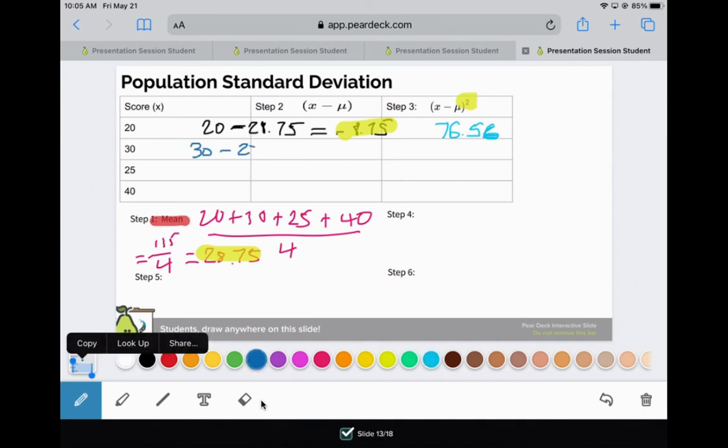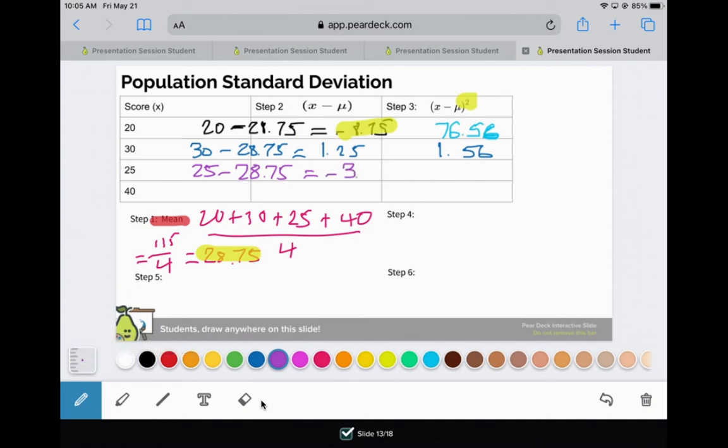30 minus 28.75, that gives you 1.25. I will square it, give me 1.56. Same thing for the next one, 25 minus 28.75, negative 3.75, square it, 14.06.